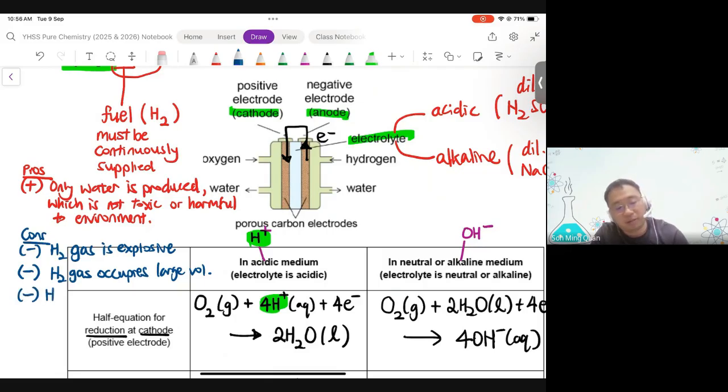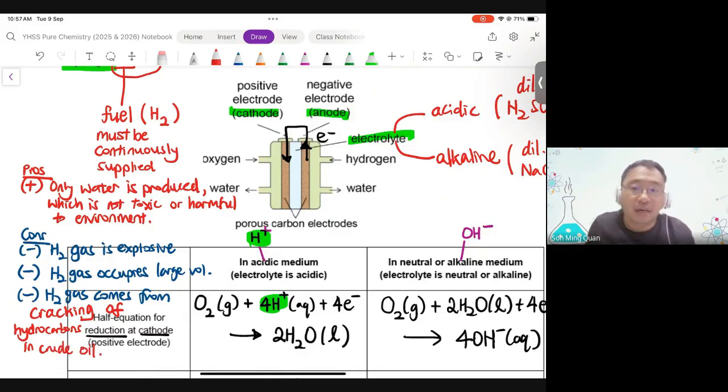The next problem is the hydrogen gas again. Now, hydrogen gas comes from where? You have not learned this reaction, but I'll just teach you this word. Hydrogen gas comes from cracking of hydrocarbons in crude oil.